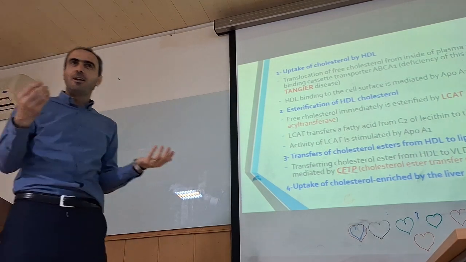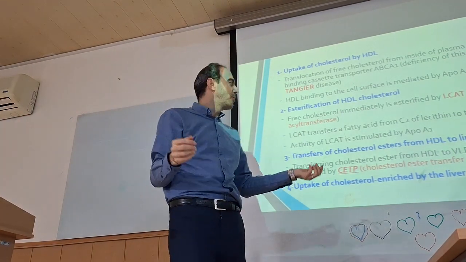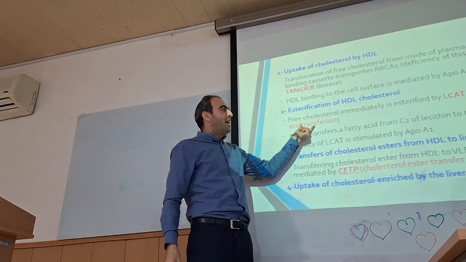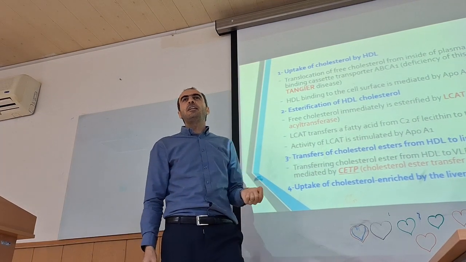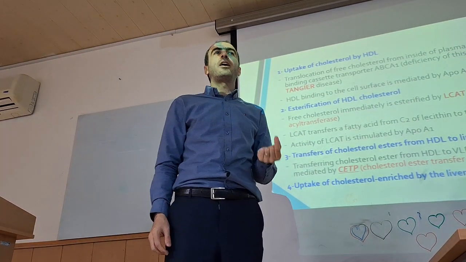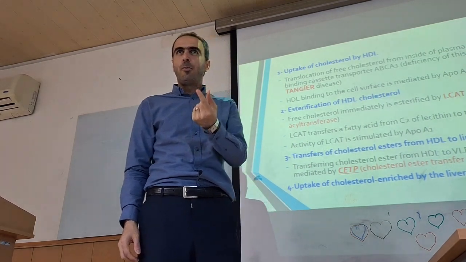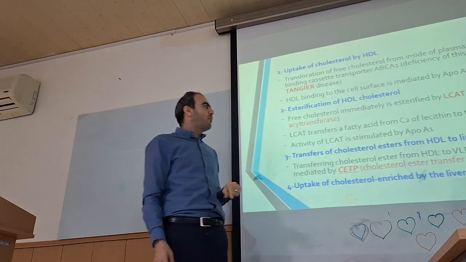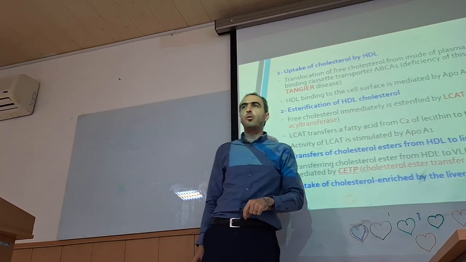Lysolecithin, okay? Lecithin which is lys, just that. I told you in the previous semester also. So LCAT, for its activity, needs what? I told you at the beginning of the class. ApoA1. ApoA1 is so important for LCAT. So LCAT is stimulated by ApoA1.